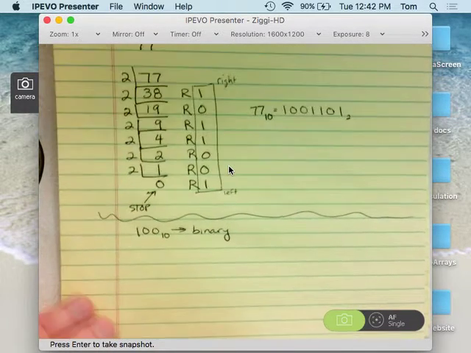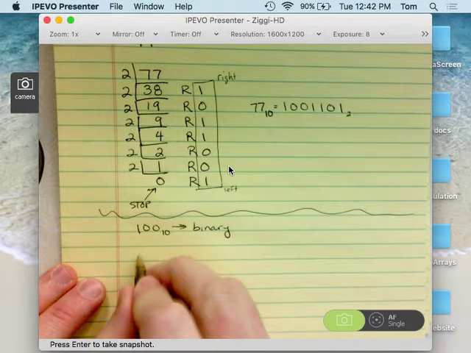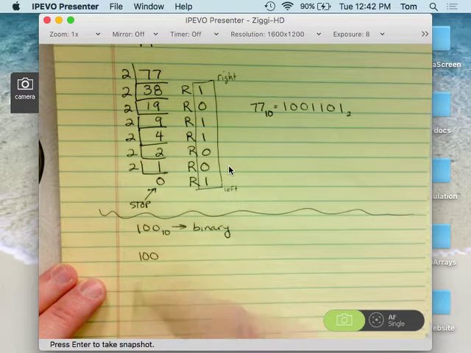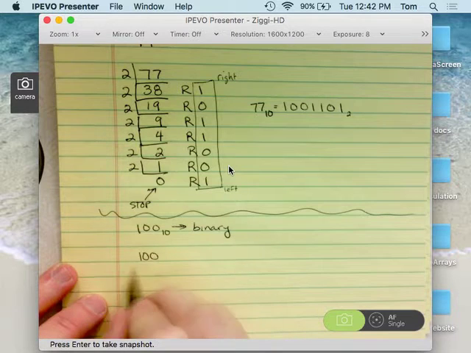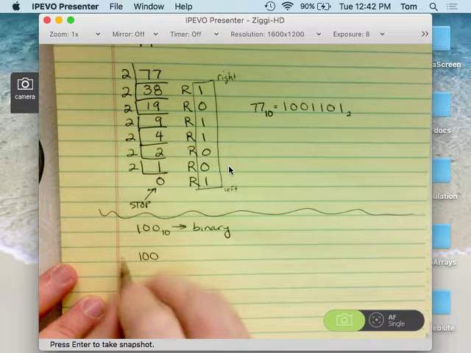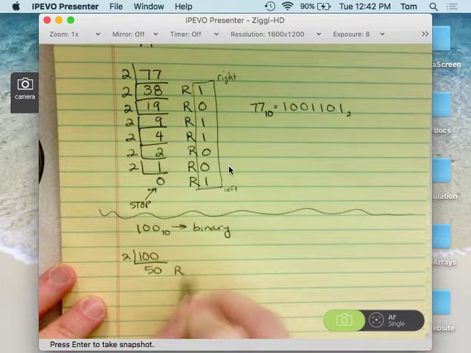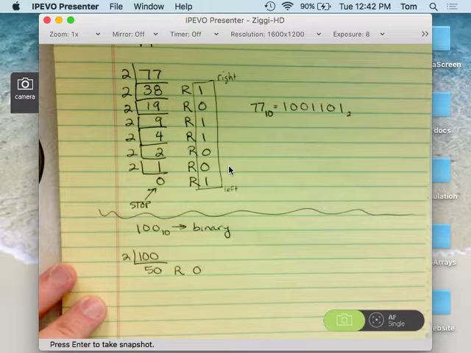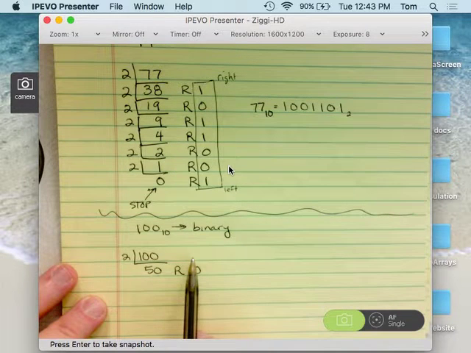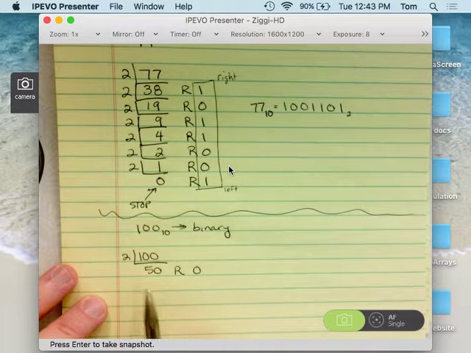Okay, so let's do this together here. We're starting out with 100. As I'm checking what you guys are doing, 2 goes into 100 50 times, remainder 0. You should not have a remainder on the 100 line. You should have a remainder after you do your first division.